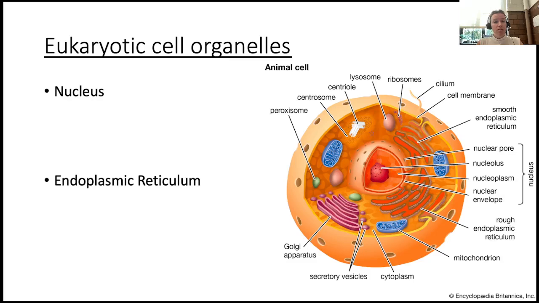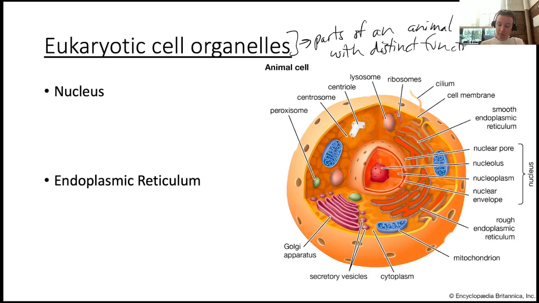What are some other parts of an animal cell? Well, there are many, many parts of an animal cell, and we call those organelles. And they all have a distinct function. For example, we have the nucleus.